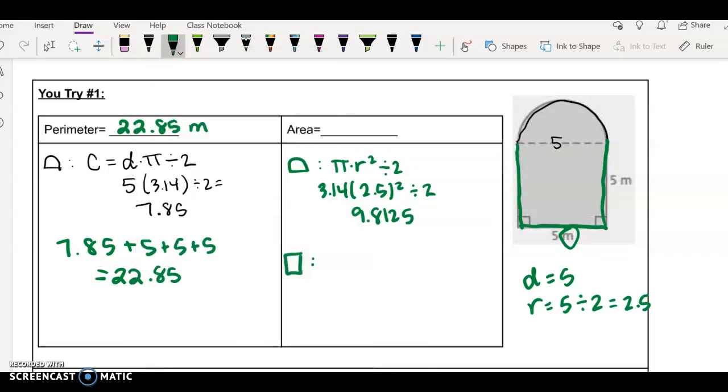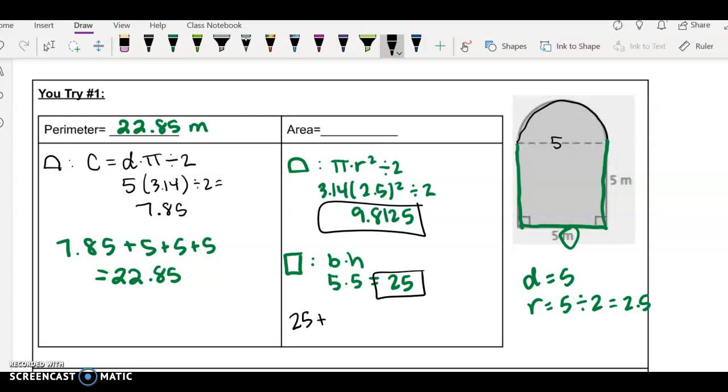So now I have my square, which is just base times height. So my base is 5. My height is also 5. 5 times 5 is 25. So now I'm going to add these two together. So 25 plus 9.8125.